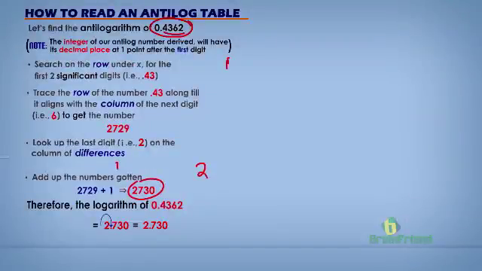If this is our final answer, 2730, therefore this 1 indicates that we'll have 1 digit, which means our decimal point moves 1 step and we would have 2.730. This is the anti-logarithm of our number here, 0.4362.